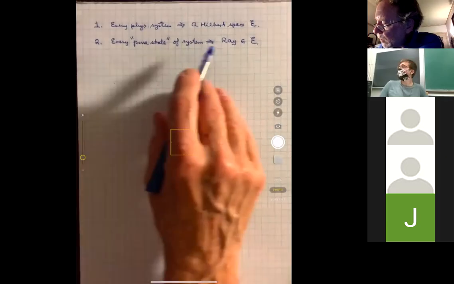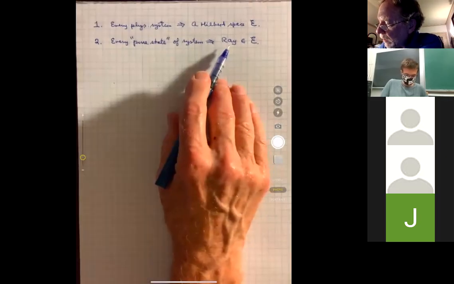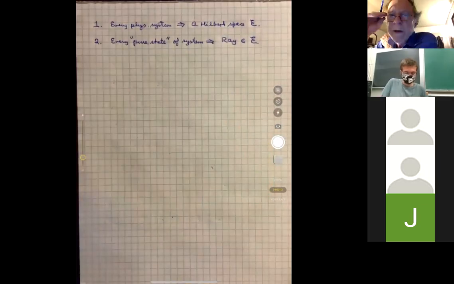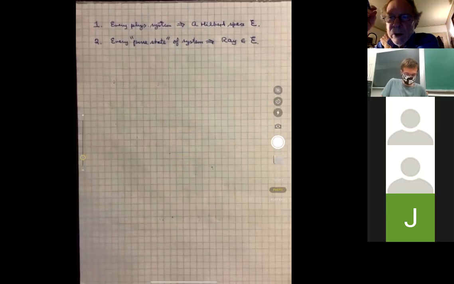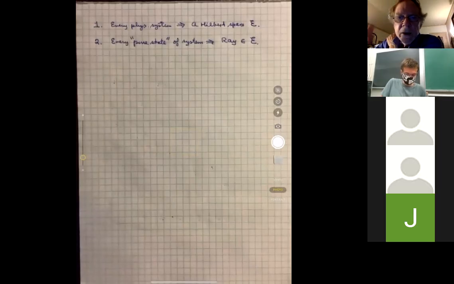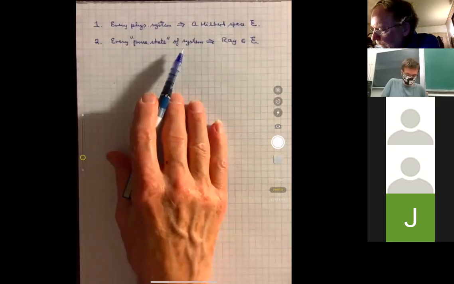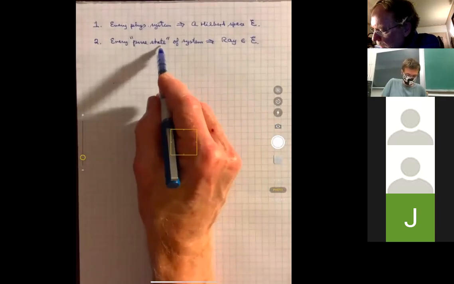But in any case, a pure state corresponds to a ray. And let me remind you that a ray is a collection of vectors in the Hilbert space which just differ from one another by a normalization and a phase. Another way of saying it is that a ray is a one-dimensional subspace of the Hilbert space. Now, I'm talking about states of a quantum system, in this case a pure state.